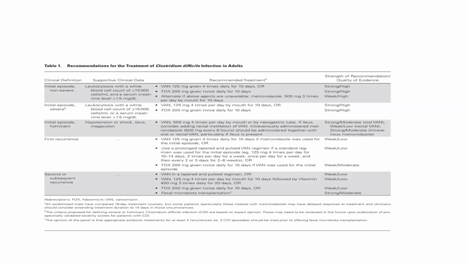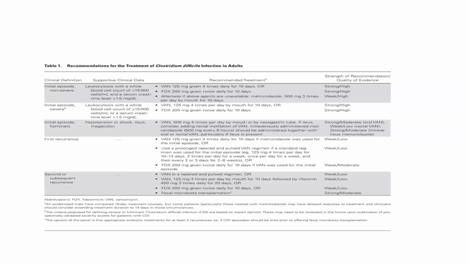And if the initial episode is fulminant, that means it is associated with hypotension, shock, ileus, or megacolon, then we can administer vancomycin 500 mg 4 times per day by mouth or by nasogastric tube. If ileus is present, then we can administer the vancomycin per rectal.